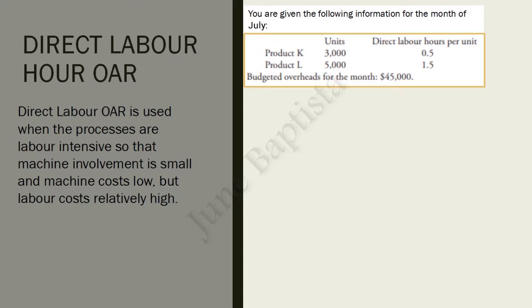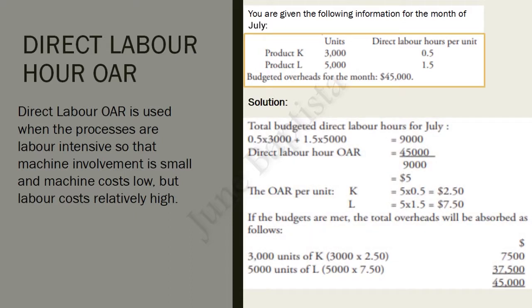$45,000. Let us calculate the total budgeted direct labor hours for the month. That would be equal to 0.5 times 3,000 plus 1.5 times 5,000, which gives you a total of 9,000 direct labor hours.